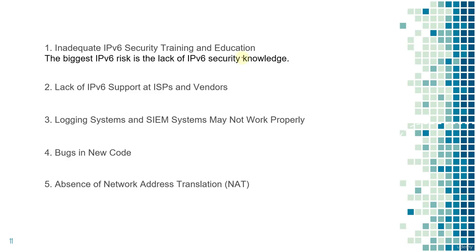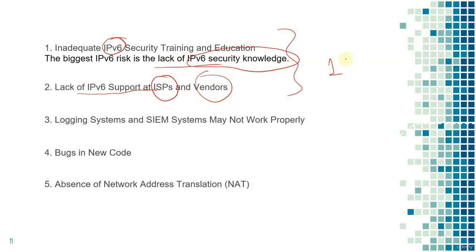Just to scratch the surface, there are still many people who are not aware of IPv6. So lack of IPv6 support from the ISP vendors along with lack of IPv6 security knowledge is the number one reason we have security concerns.